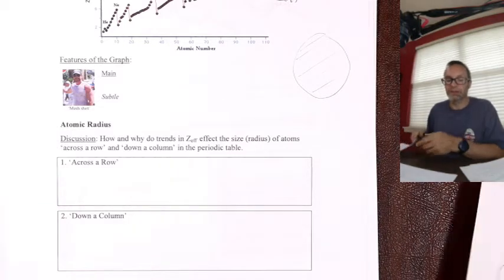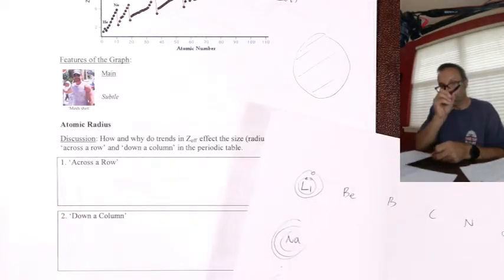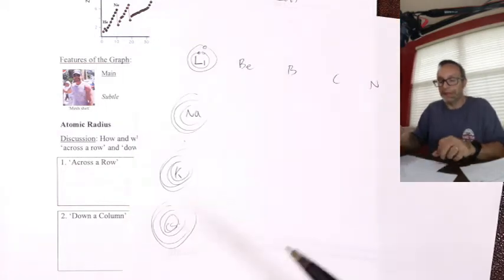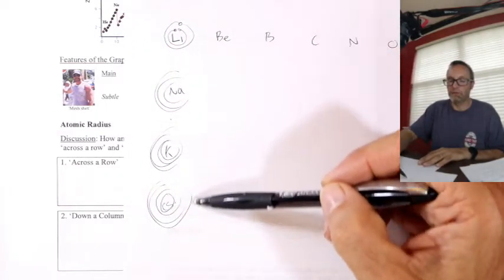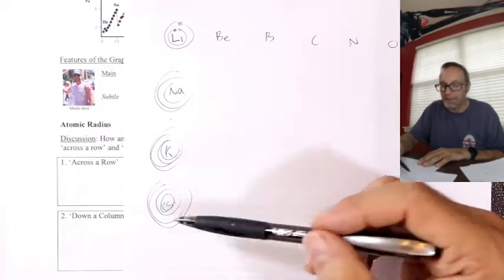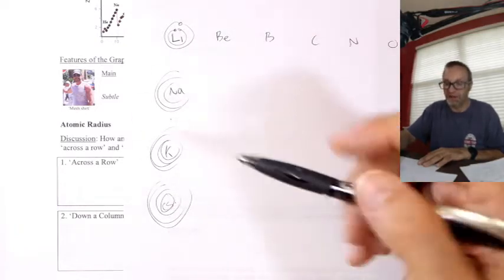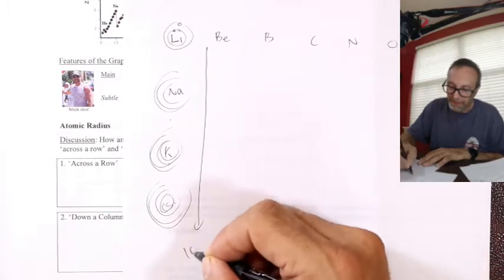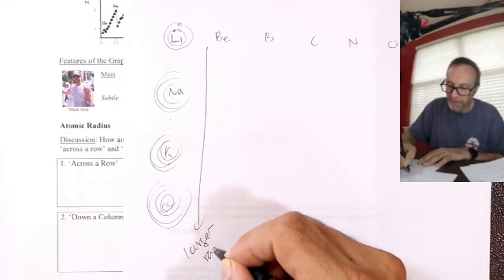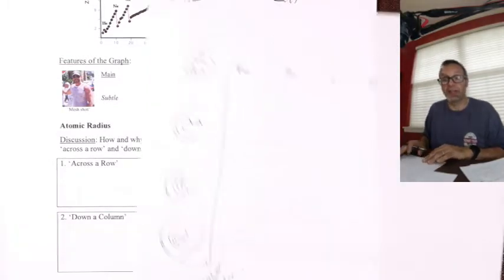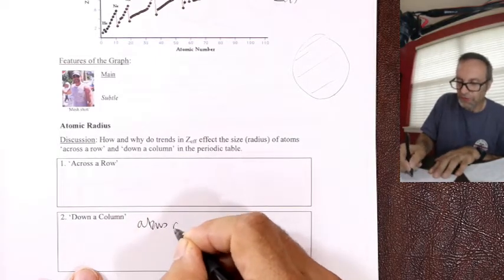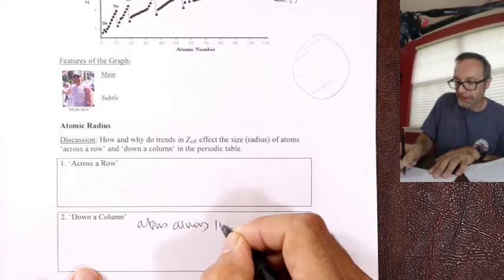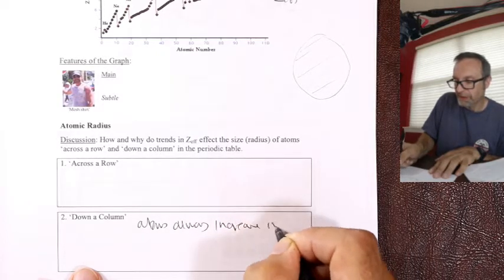The easiest one is down a column. Do they get bigger or smaller as you go down? Obviously they get bigger, because you're adding a layer each time. So down, they get larger. We'll actually do the second part first: down a column, atoms always increase in radius.